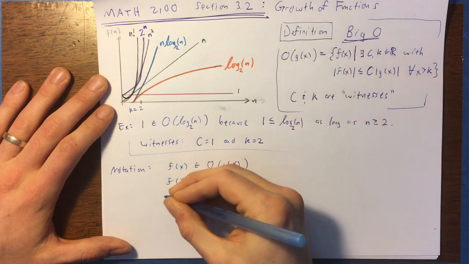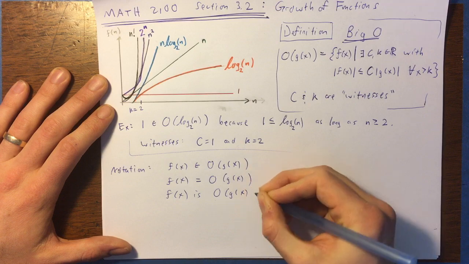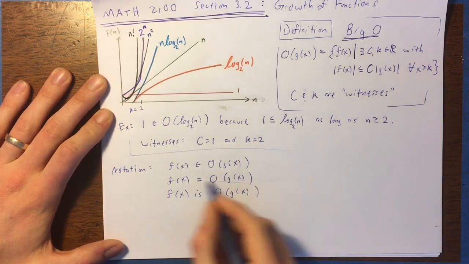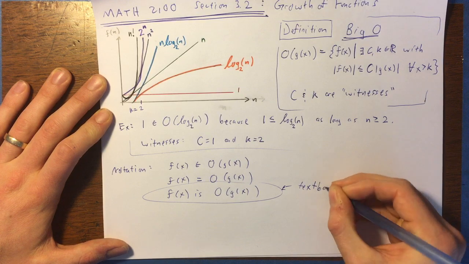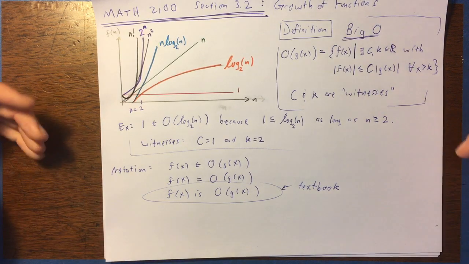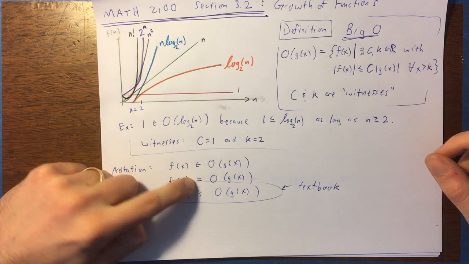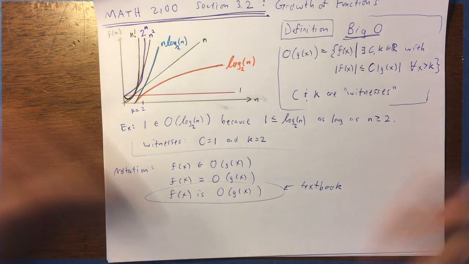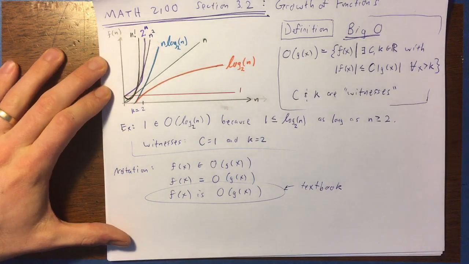So you could write it that way, or you could write f of x is big O of g of x. And this last version is actually the one that the textbook uses. It introduces the notation, or the language, f of x is big O of g of x. And that's fine. But all of these are valid ways to say it. You can either say equals big O of g of x or is an element of big O of g of x. I mean, technically equals and is an element of mean totally different things, but they are both used sometimes to mean the same idea.